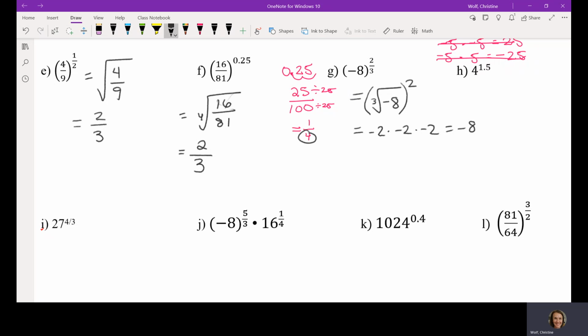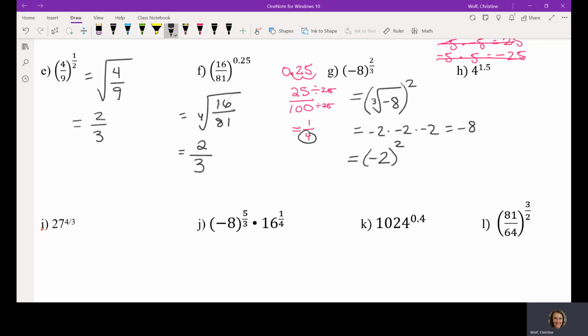So I'm going to say this one more time for everybody at home too. You cannot square root a negative, but you can cube root a negative. Okay? So the answer here in brackets, the cube root of -8 is -2.